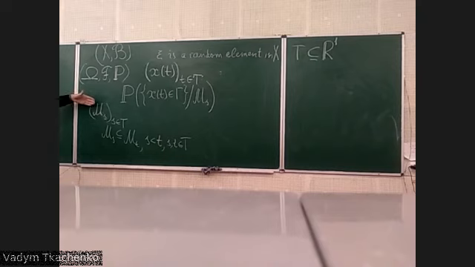Suppose that we have some family of sub-sigma algebras that satisfies the following condition: M_s is a part of M_t for any s less than t.